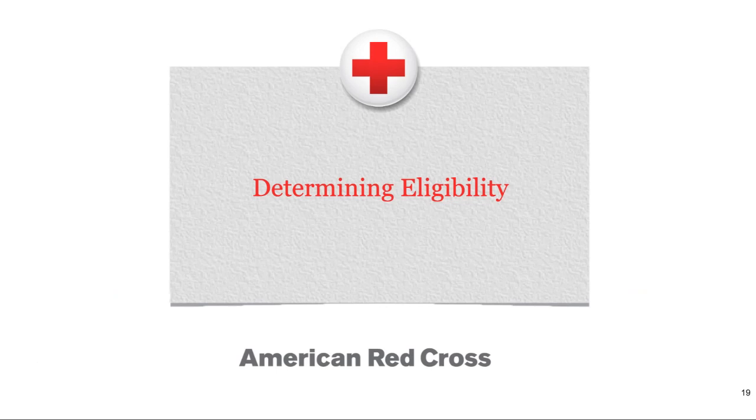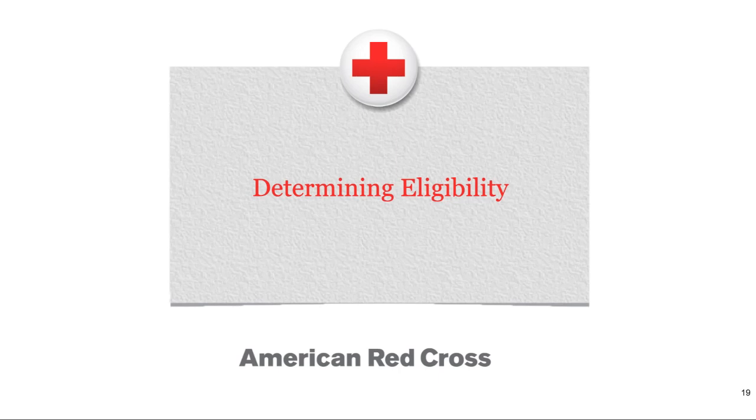So after we've started that client record and we've entered the client information, the next step is to move through determining eligibility. And again, when we enter the client information and the Red Cross approves that application for the client care program, specific eligibility requirements have been met. So for most applications, the primary client provides information during that initial interview, and the RC Care system determines financial assistance and eligibility through an automated workflow.